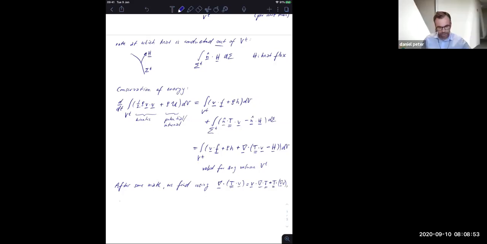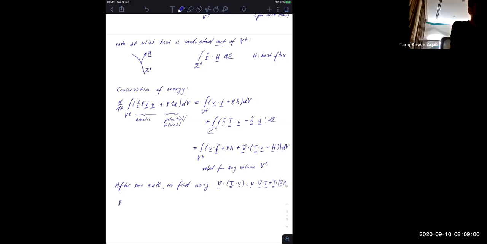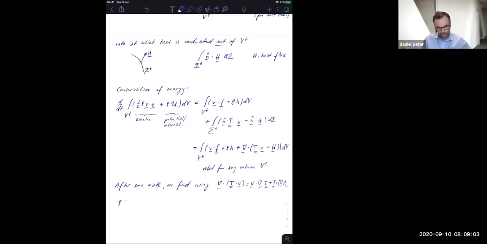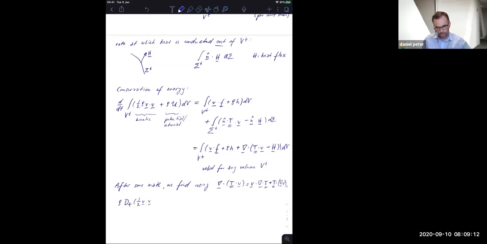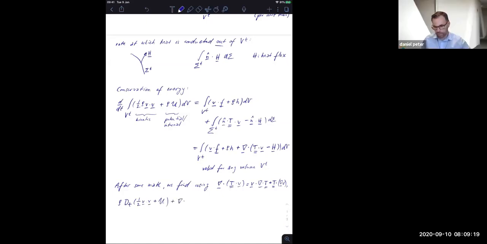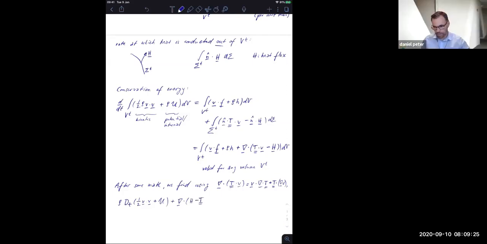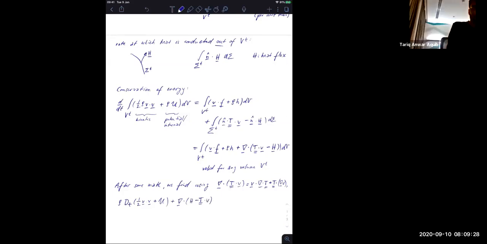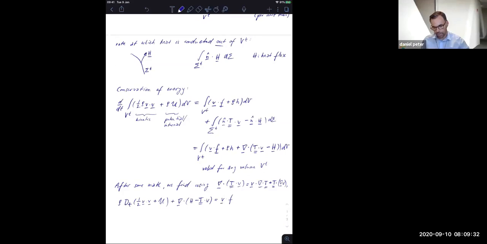So let's write down what we would have. So we would have here rho, and now basically we take the material derivative of 1/2 V dot V plus U, then plus the divergence of H minus the stress dotted with V, equal to V times the body force plus, now instead of rho H, we just write H with a tilde on top.